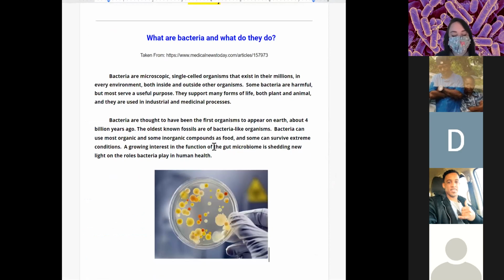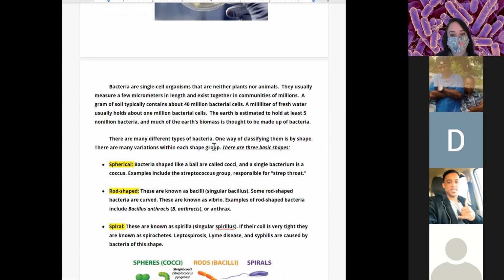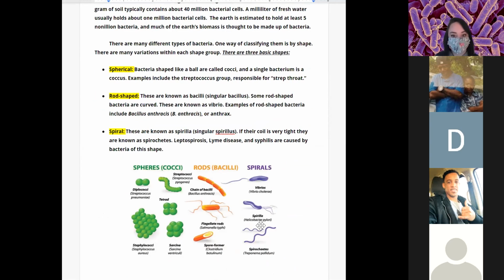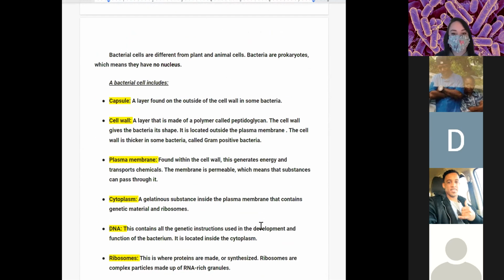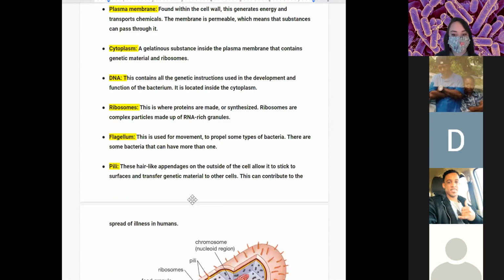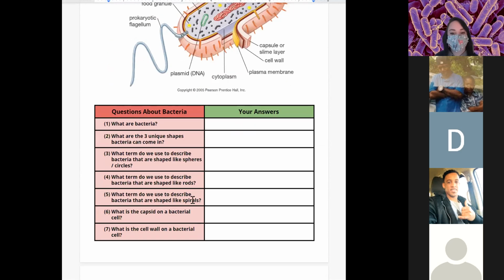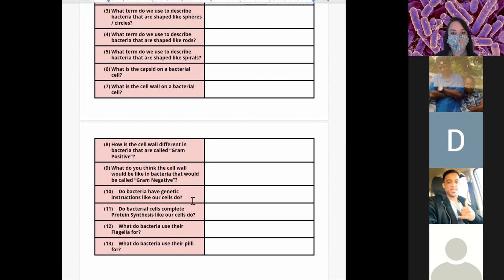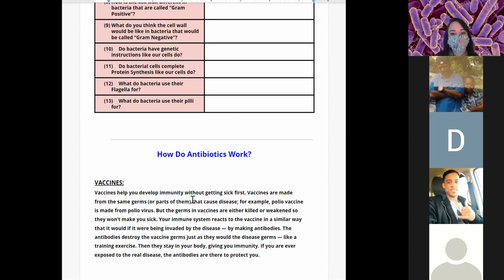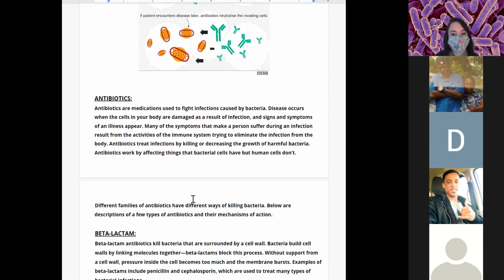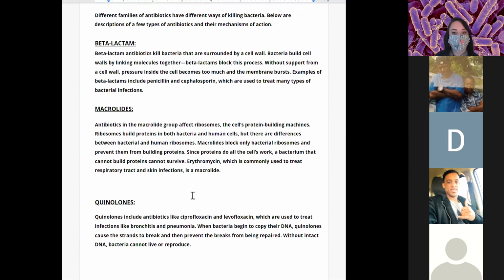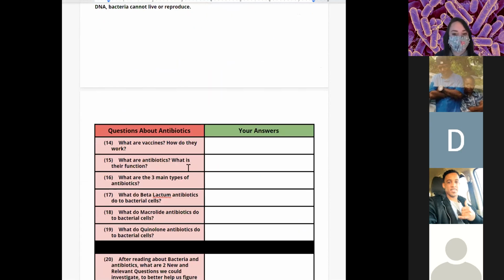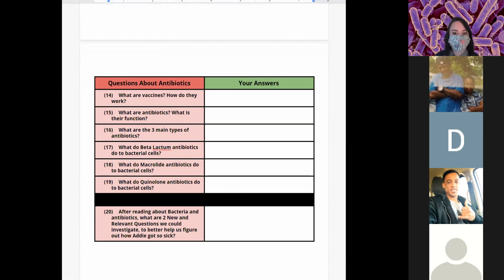In the first section of reading, we're going to read about different types of bacteria and some basic structural parts, and then you're going to answer 13 questions just about bacteria. Then you're going to do a short reading on antibiotics and different types and actually learn how these different types kill the bacteria. And then you're going to answer another 7 questions just on antibiotics.